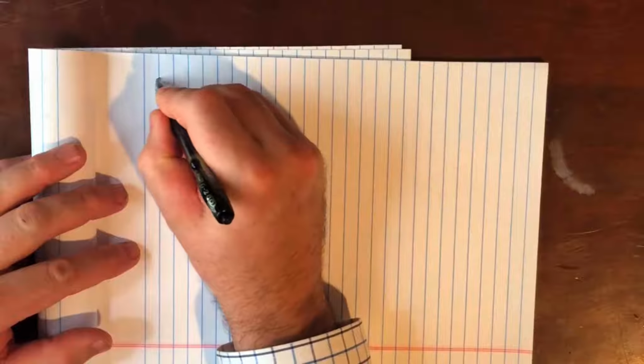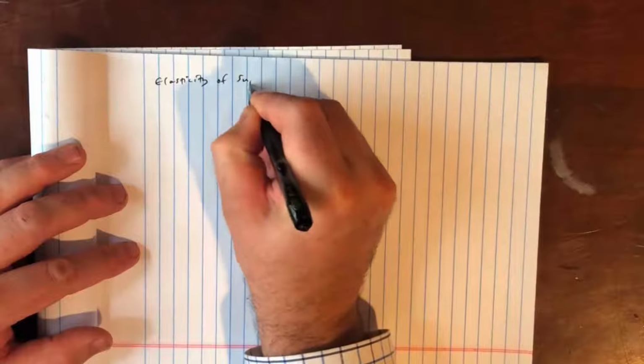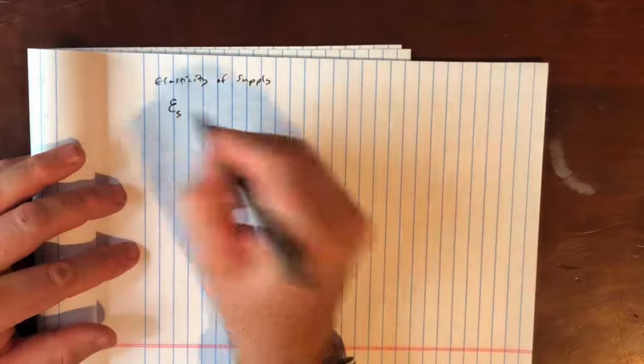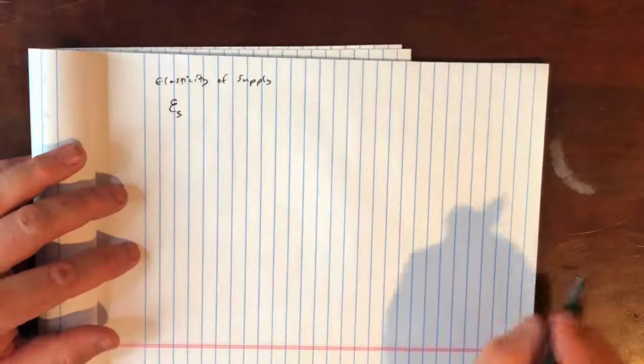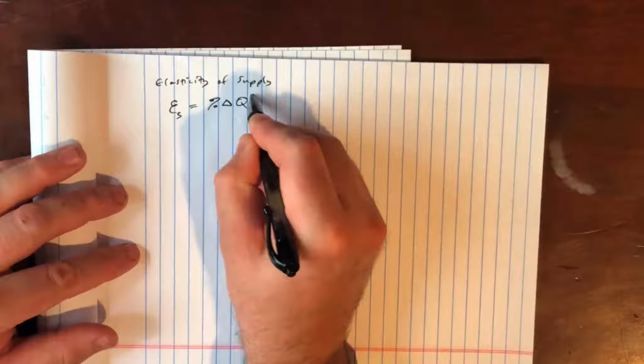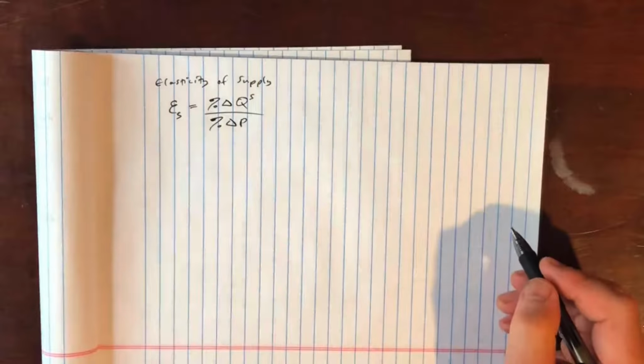So our final concept for elasticity here is the elasticity of supply. Okay, elasticity of supply. We'll use that same symbol but put an S as the subscript. So now we have the percentage change in the quantity supplied over the percentage change in the price.